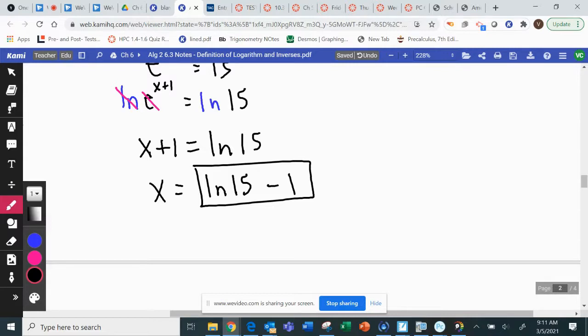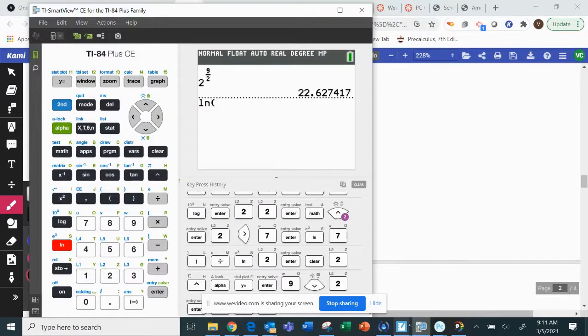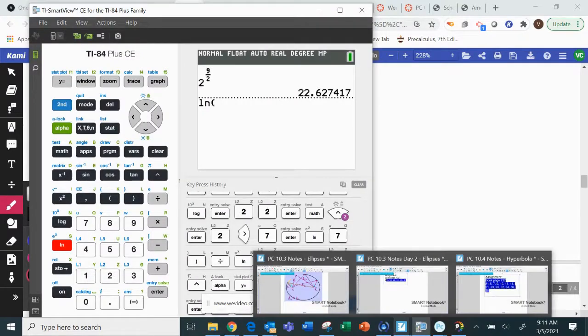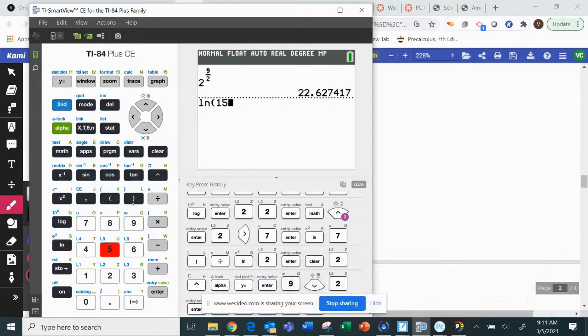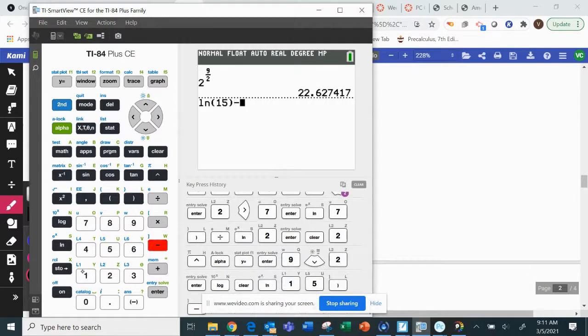You can use your calculator to get an approximate answer for that because we have an ln button. So if you guys go to your calculator and just type in ln 15, close the parenthesis, minus 1. Make sure you can find that ln button.